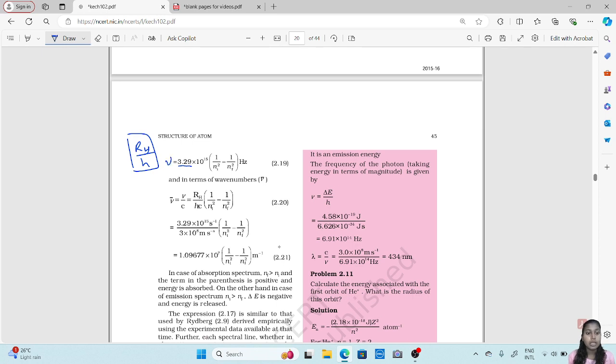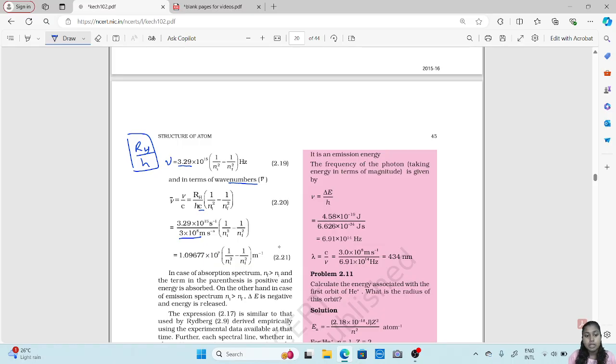Now, in terms of wave number, how will you calculate it? Wave number is equal to frequency by c. Frequency is RH by h, that is the Rydberg constant divided by Planck's constant, and c is the speed of light. We know the value is 3.29 into 10 raised to 15 per second, divided by the speed of light, which is 3 into 10 raised to 8 meters per second.